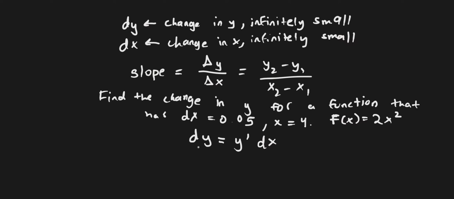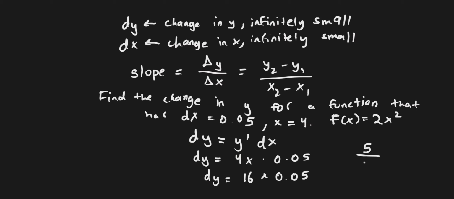So let's do that. dy is going to be equal to, what's y prime? What's the derivative of this? That's just going to be 4x, and then dx, which is multiplied by 0.05. Now x is 4, so dy is equal to 16 times 0.05. So 0.05 is also equal to 5/100ths, which is equal to 1/20th, right?